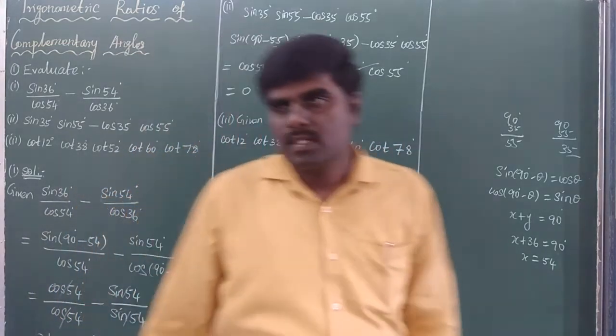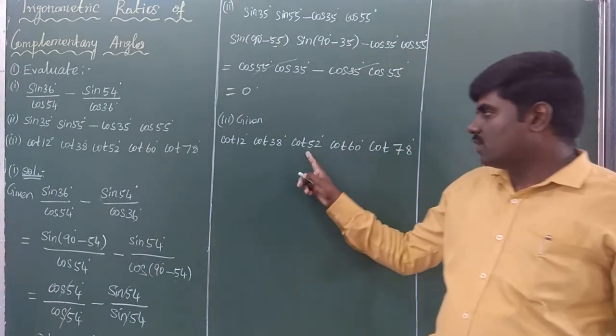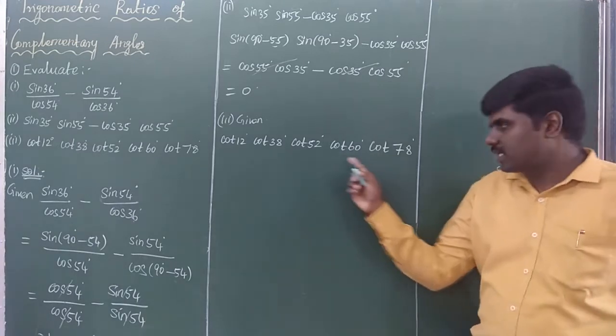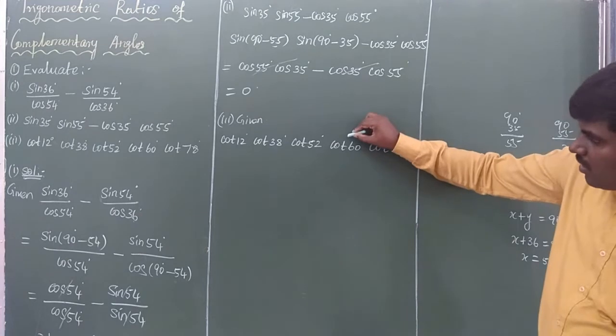Is that clear? So now cot 12, cot 38, cot 52, cot 60, cot 78 degree. Is that clear?